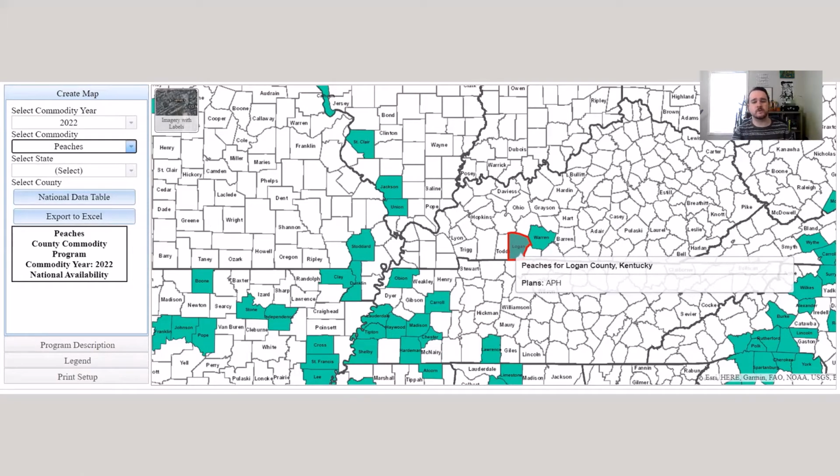Now, a lot of horticulture crops that have availability in other counties and other states are typically done through the APH because, like I said, there's not many growers in those counties. So they need to go off the own growers' data. A lot of the row crops like soybean and corn, those plans will be called like county average yield or county average price, or even estimated price or estimated yield.